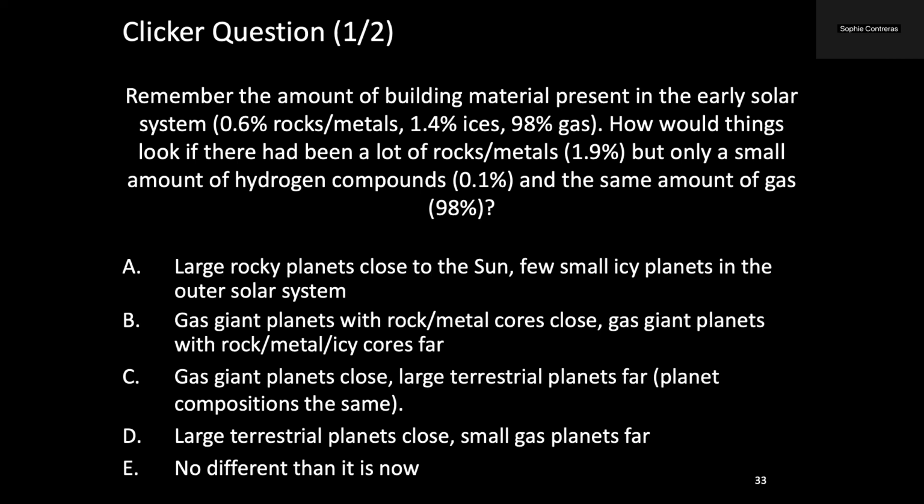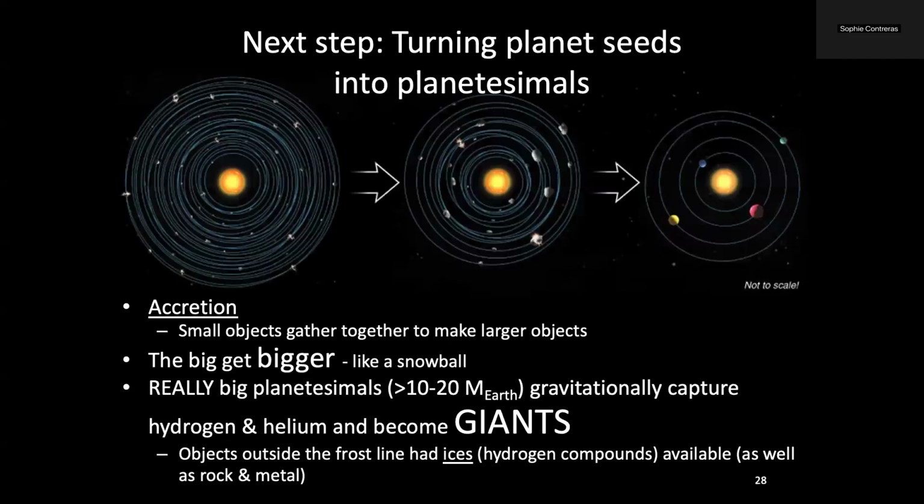What about this one? Gas giants close. You don't like this one? Too hot for what? So let's be careful about what we're saying here. Why is it that Jupiter formed at the distance that it formed? Let's go back a step and think about what the actual process is here. I claimed that when you get big enough, this big, then you can capture gas.